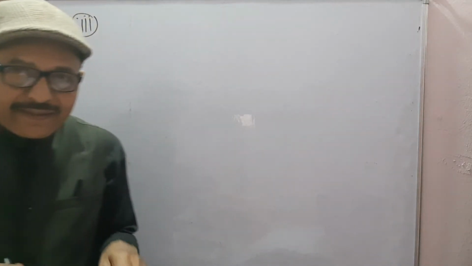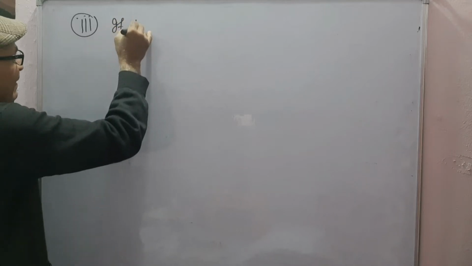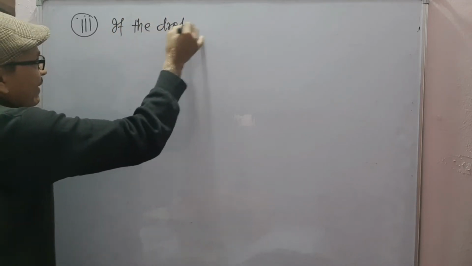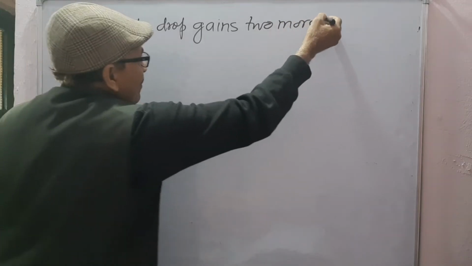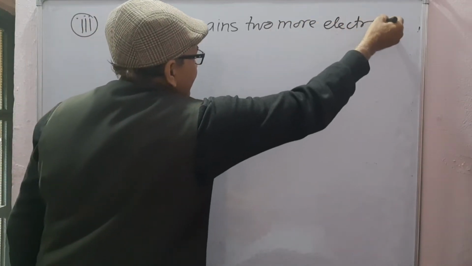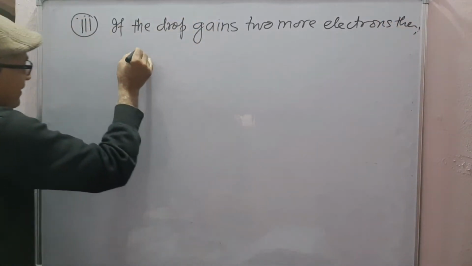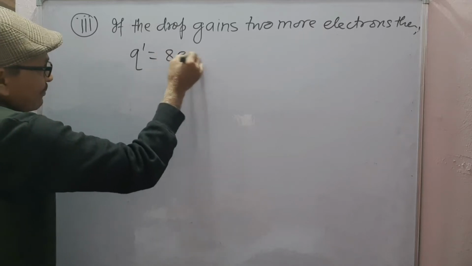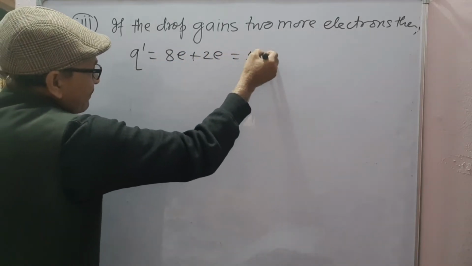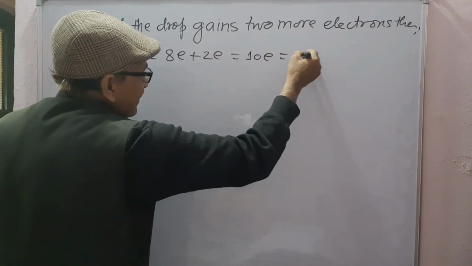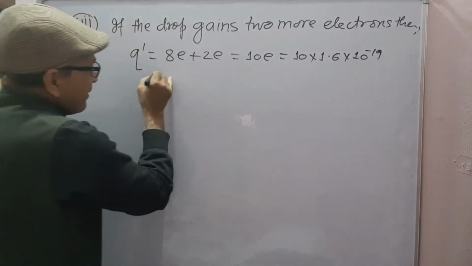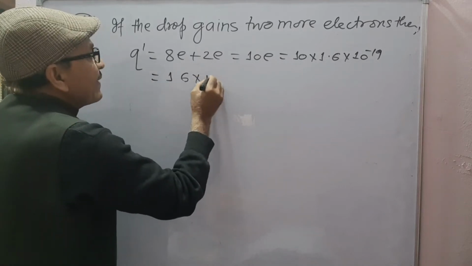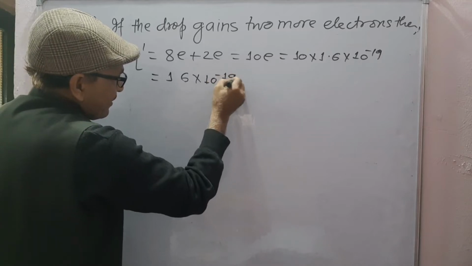In the third part, if the drop gains 2 more electrons, then the total charge on the drop becomes Q dash is equal to 8E plus 2E, that is 10E, that is 10 into 1.6 into 10 to the minus 19 coulomb, or 16 into 10 to the power minus 19 coulomb.